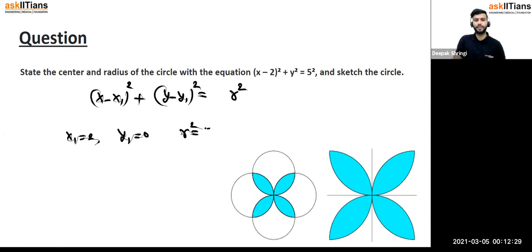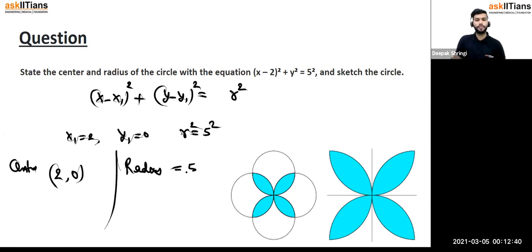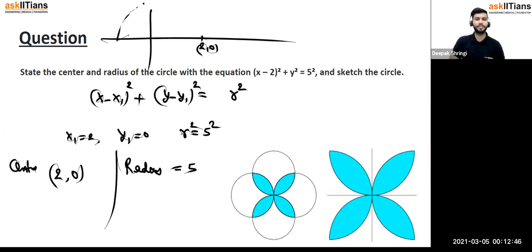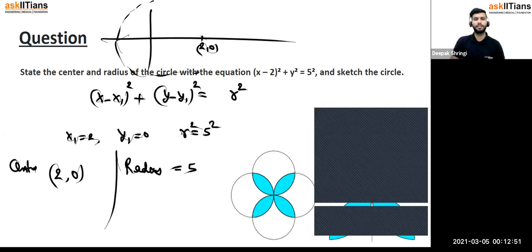So the center is 2 comma 0, since x1, y1 is the center, as we have already discussed. The radius of the circle is 5. So you have to draw a circle centered at 2 comma 0 with radius 5. It won't fit above, but the circle will come like this.